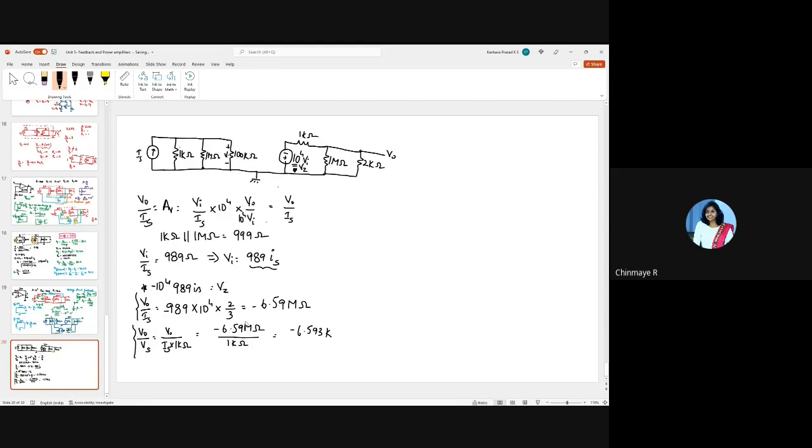So now this is what you have to consider as AV, right? So now you know what is beta. You know what is AV. Now calculate what is 1 plus A beta.